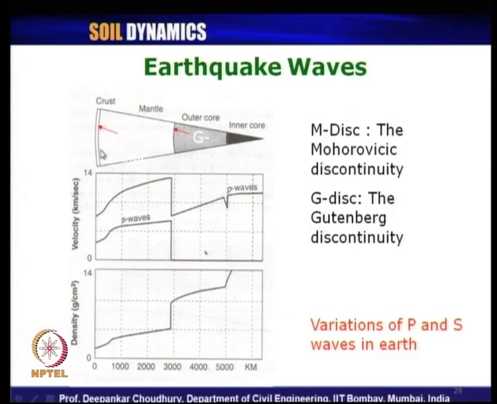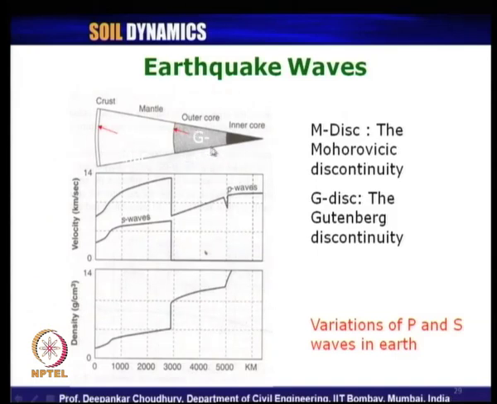As it goes deeper, the medium is stiffer or heavier, so its velocity increases. When it comes to the Gutenberg discontinuity, it drops, because it is now a liquid or molten fluid state, so velocity will obviously be much lower than in the solid state. So, it drastically comes down.